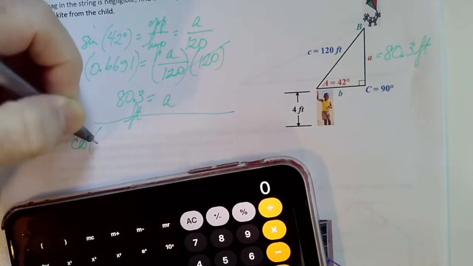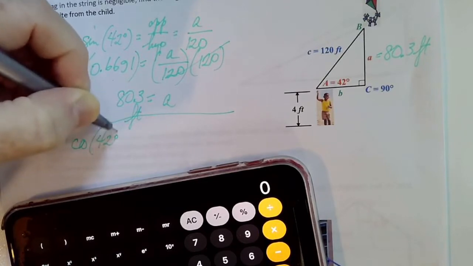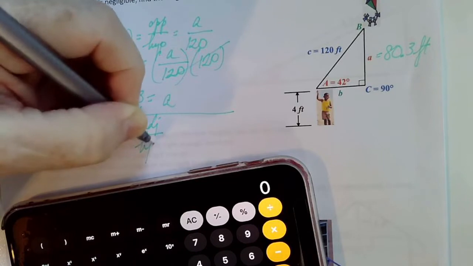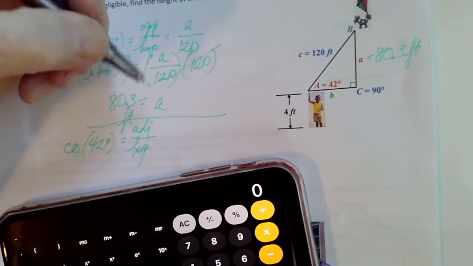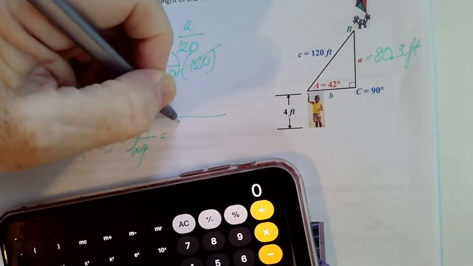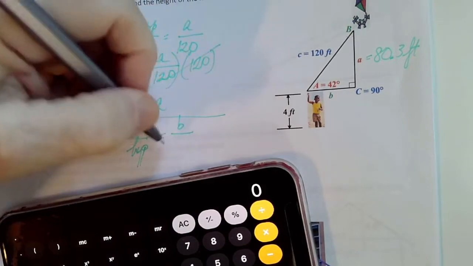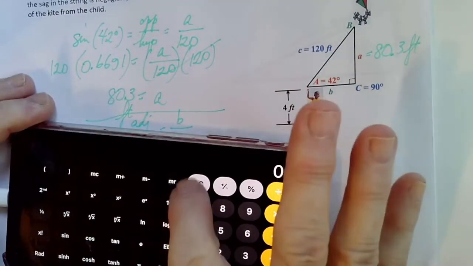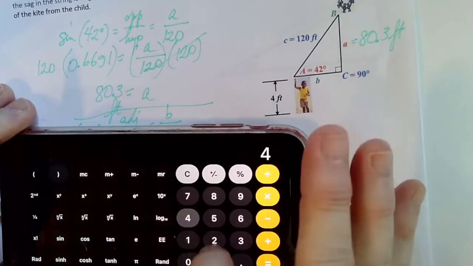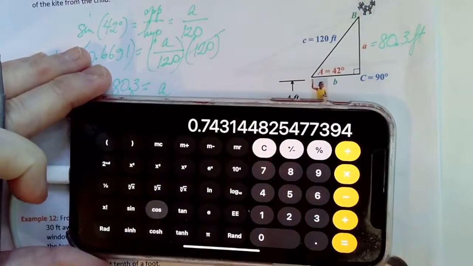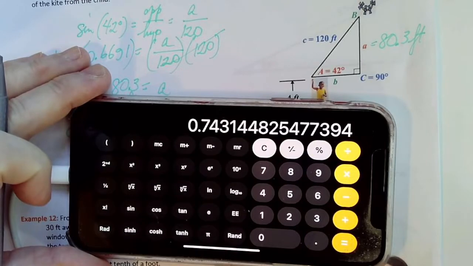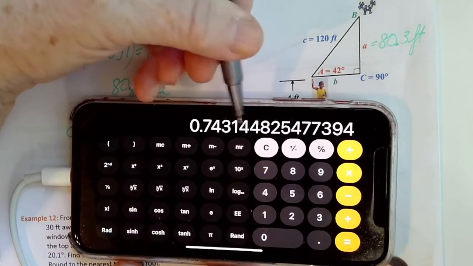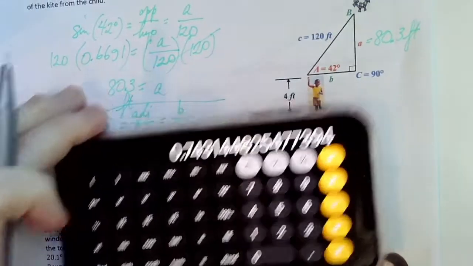We know that the cosine of 42 degrees is adjacent over hypotenuse. The adjacent side is B. The hypotenuse is 120. And let's see what the cosine of 42 is. Let's see, cosine. 0.7431. The number to the right of the 1 is a 4, so the 1 will stay.